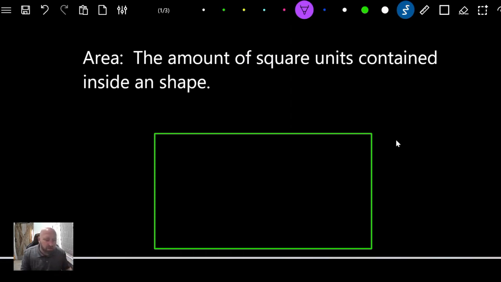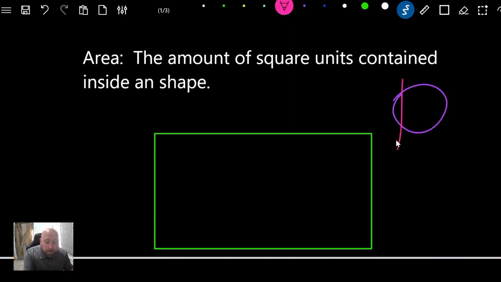You say, well, a circle doesn't have square units, but if I draw a circle and put it on a grid, or graph paper, it does have squares inside of it. And there are ways that you can count the number of squares. And you might say, well, what about this little bitty piece right here? That's not even one full square. Well, you're right, but there are formulas that can help us to figure that out.